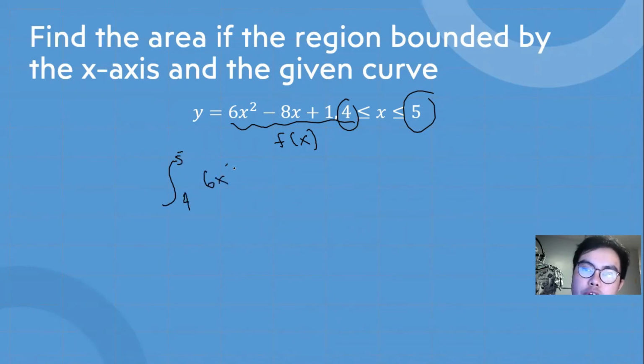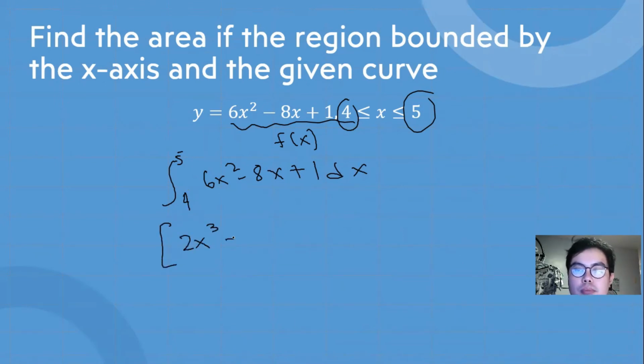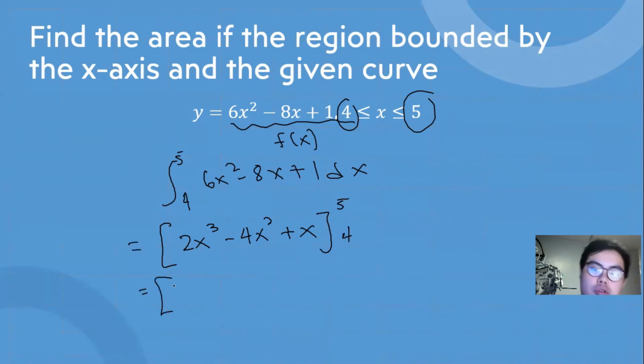Then, 6x squared minus 8x plus 1 dx. So, ang gagawin natin is we're going to integrate po. So, it will become 2x cubed minus 4x squared plus x. Tapos, 5, then 4. So, now we're going to simplify or substitute muna. So, 2 times 5 cubed minus 4.